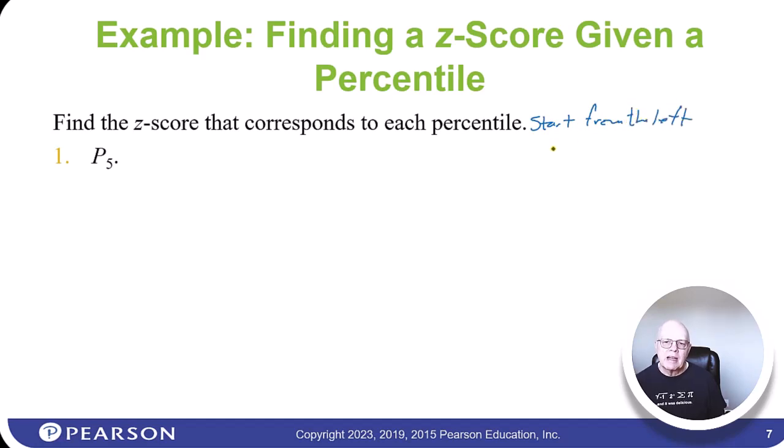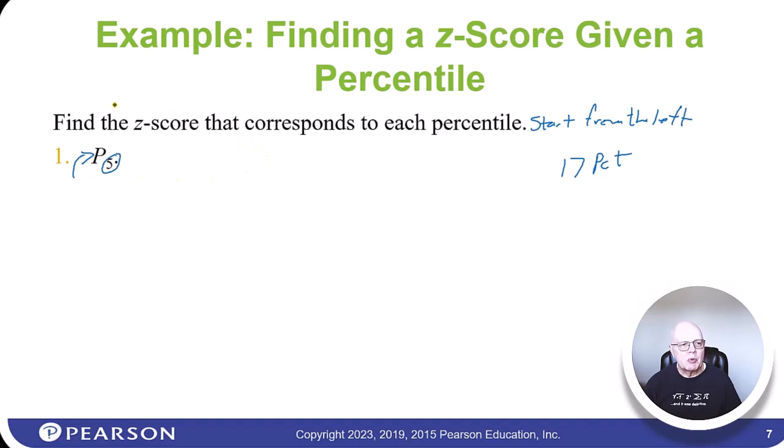In other words, if we're talking about the 17th percentile, that means we're talking about the position where 17% of the things or people are less than that particular point. So in this one, we're talking about 5% or less than this particular place.